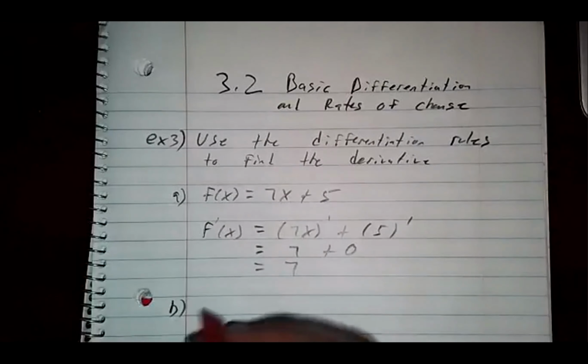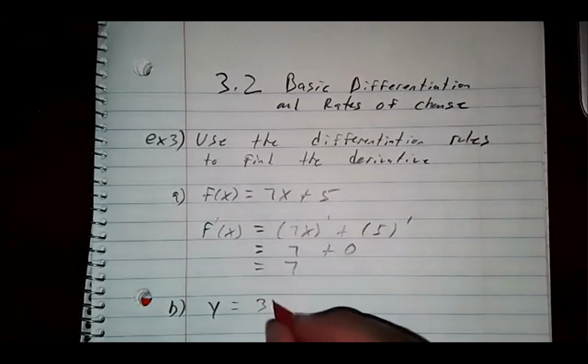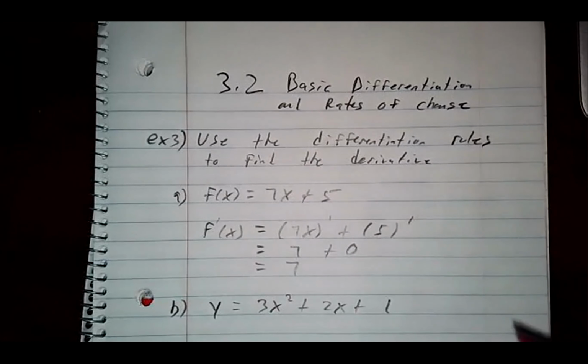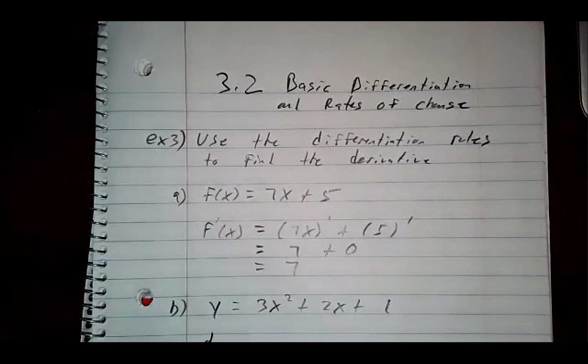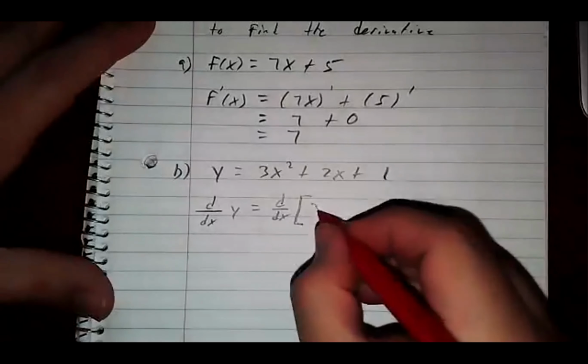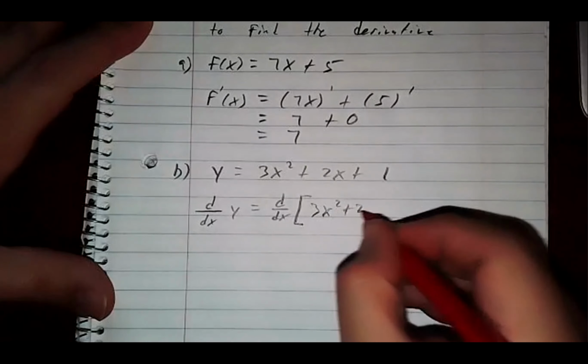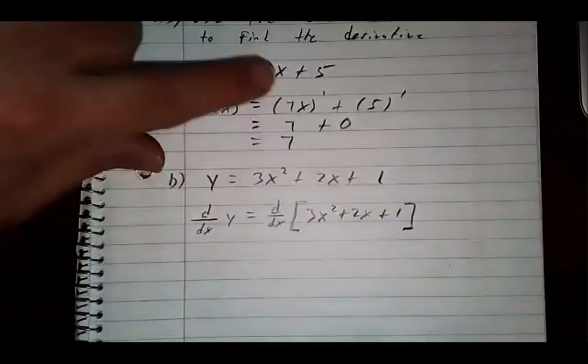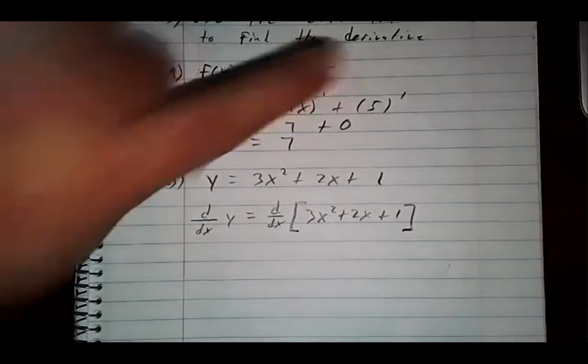Let's do another one. Another way they might write this is they say y is equal to 3x squared plus 2x plus 1. If they say find d/dx of y, that means you're going to do d/dx of all these terms, which is the same as writing a prime on each term.